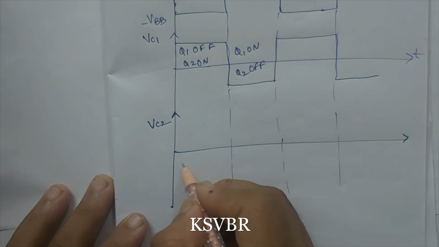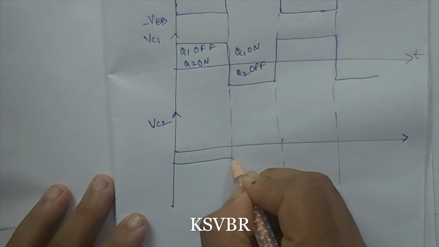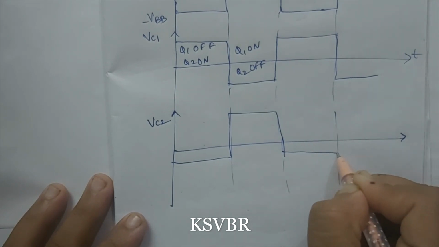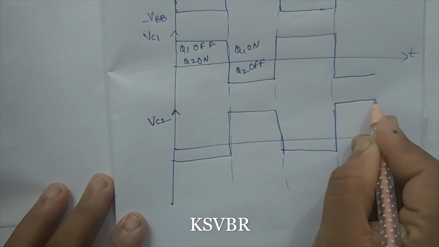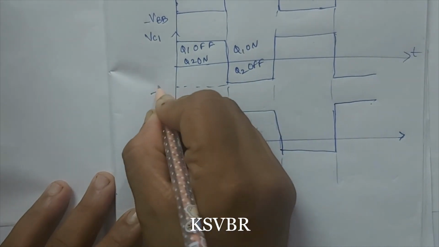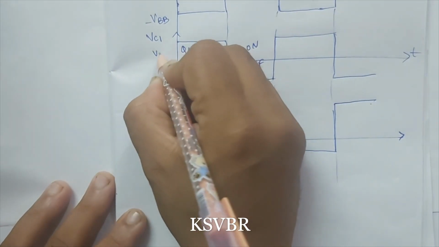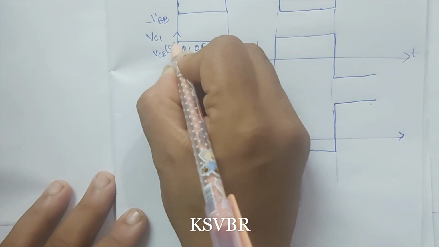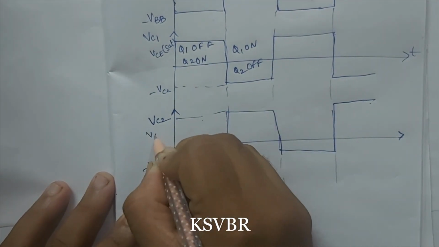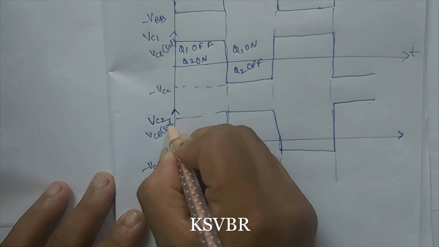VC2 will be like this, low. The levels are, this is minus VCC, this is saturation level. Here also minus VCC, and this is saturation VCE, saturation level.